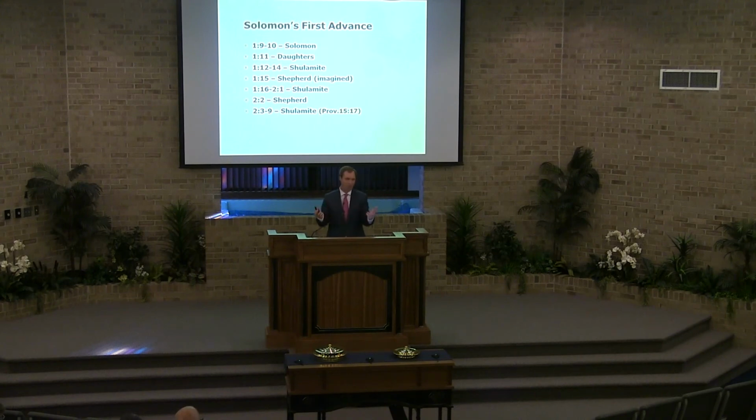In whatever form that may take, they need visible expressions to see our banner over them being love. And maybe that means that we need to help them with the dishes. Maybe that means that we need to help look after the children, or whatever it may be. They need to see visible interaction, visible forms of expressions of our love. And she says, that's what I receive from my wonderful apple tree.